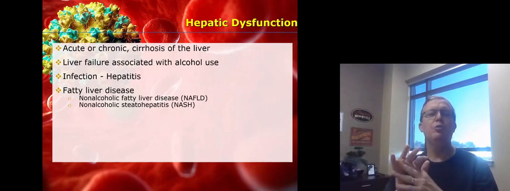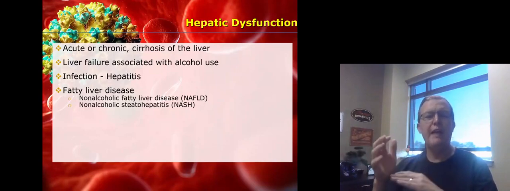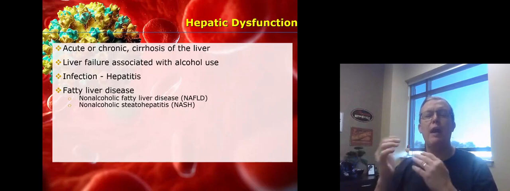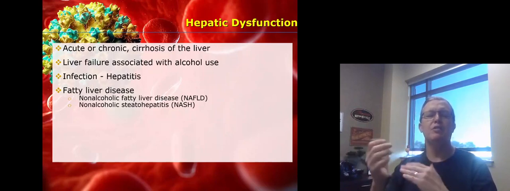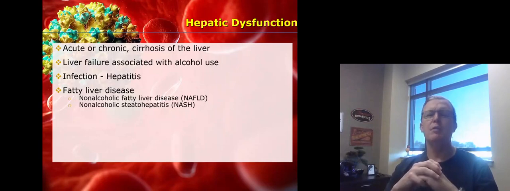There's also non-alcoholic fatty liver disease, and then non-alcoholic steatohepatitis or syndrome of hepatitis. You'll hear it referred to both ways. So these are the largest contributors to hepatic dysfunction.